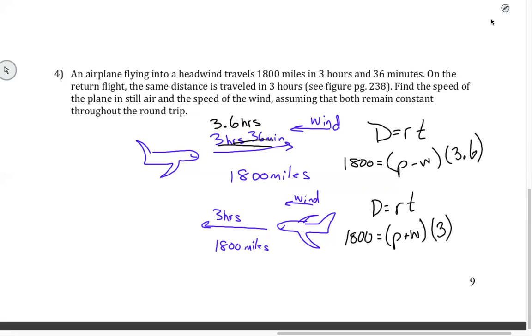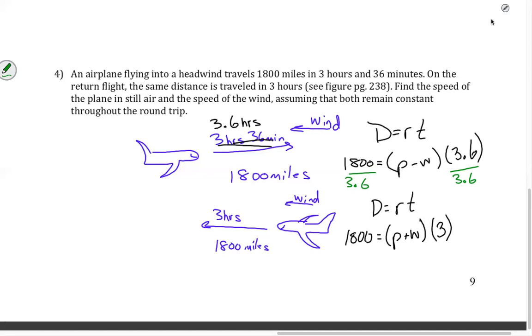I think Granlund's like, where are you going to go from here, Harmon? Watch this. I don't like this part here, do I? How do you get rid of times 3.6? Divide. So I'm going to do 1,800 divided by 3.6.